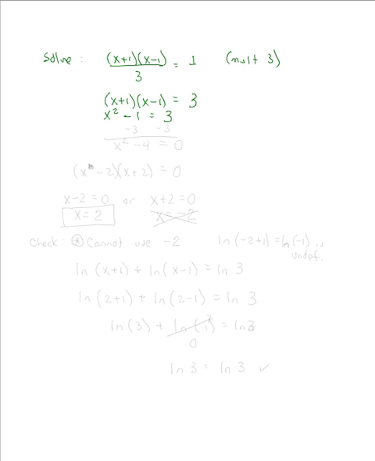We could solve it by setting it equal to 0, so that means I just need to subtract 3 from both sides of this equation. I will have x squared minus 4 equals 0, and this one is nicely factorable.